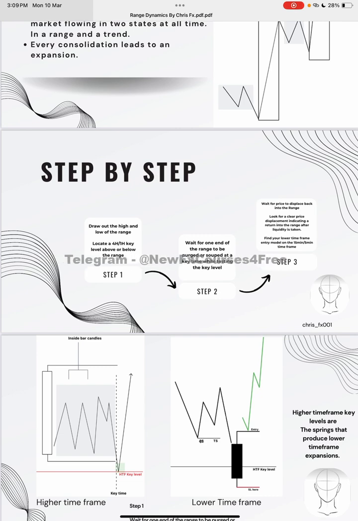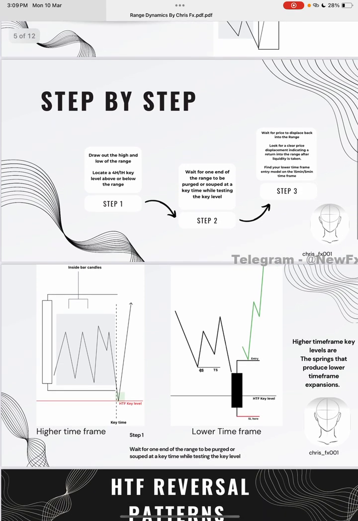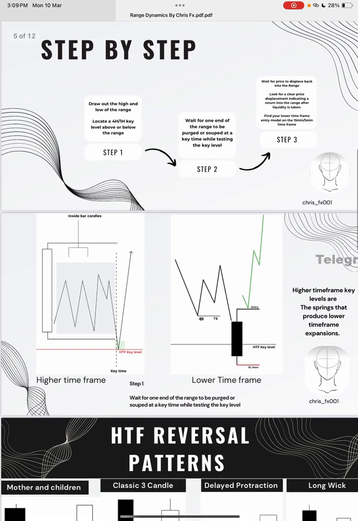Either another block, breaker block, mitigation block, your rejection block, any one of your choice. So here is just some illustration. You can see your higher time frame on the left, and you can see your inside bar candles. Here, one side of the range was pushed firstly.